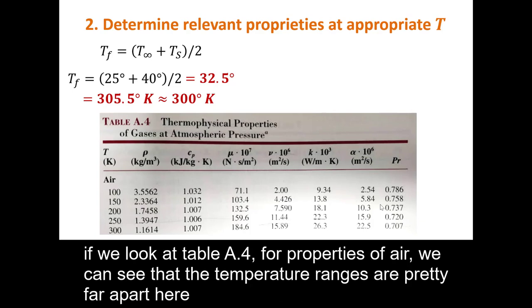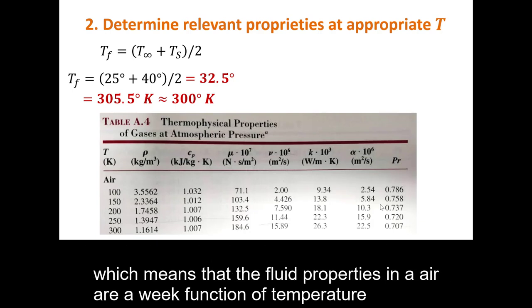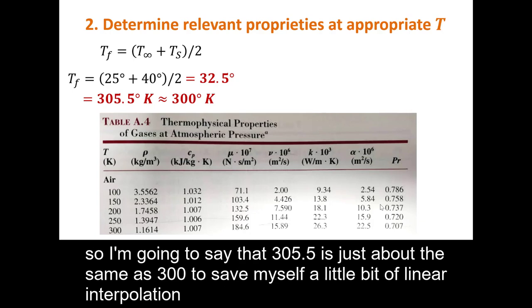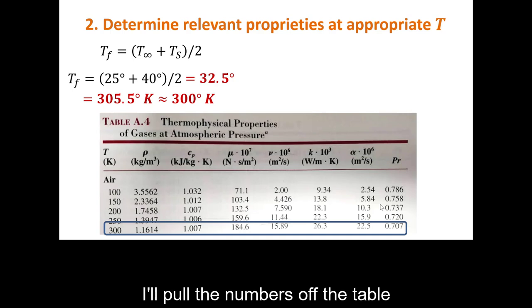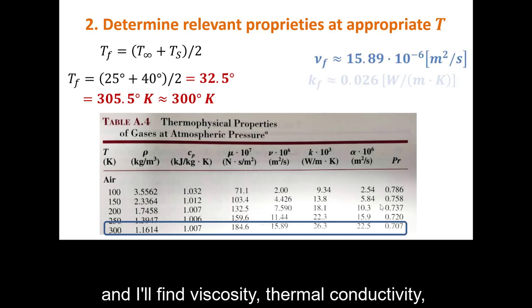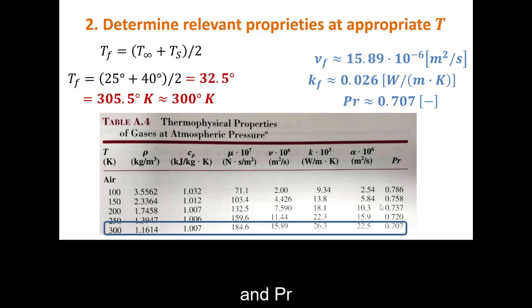If we look at table A.4 for properties of air, we can see that the temperature ranges are pretty far apart here, which means that the fluid properties in air are a weak function of temperature. So I'm going to say that 305.5 is just about the same as 300 to save myself a little bit of linear interpolation. I'll pull the numbers off the table and I'll find viscosity, thermal conductivity, and Prandtl number.